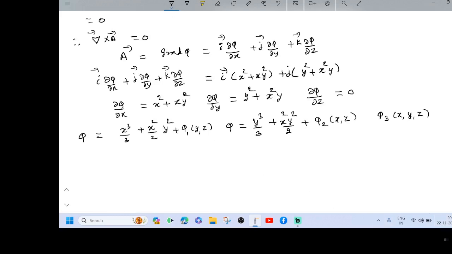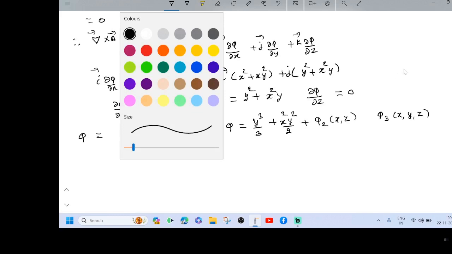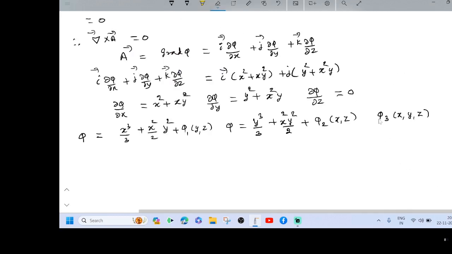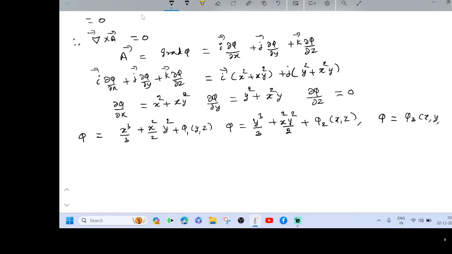Here phi equal to, if we integrate this third function, we can get phi equal to phi 3 of x y. So in this way we may write the value of phi 3, not z, because we have integrated with respect to z, phi 3 of x comma y.